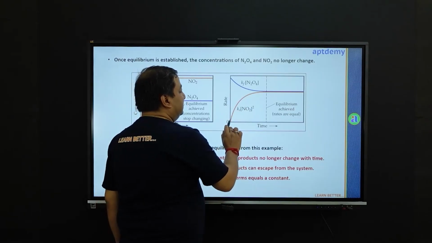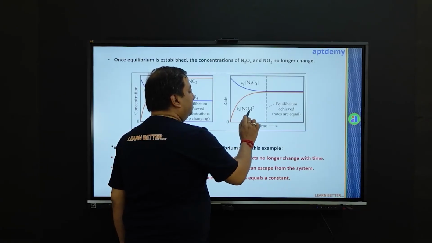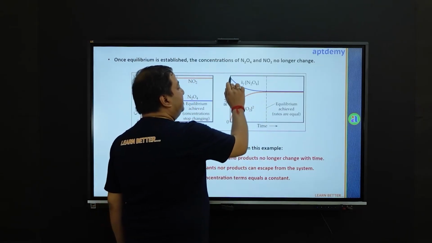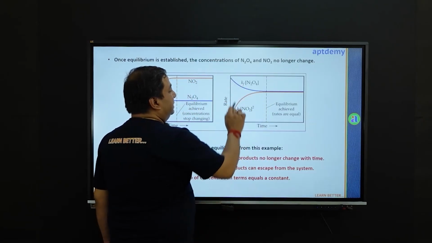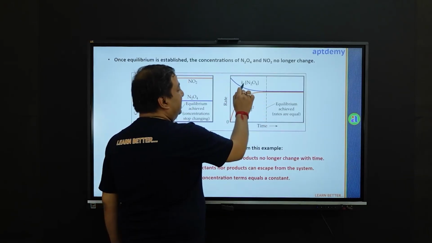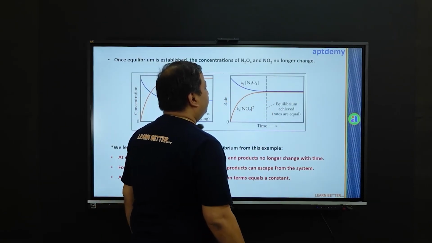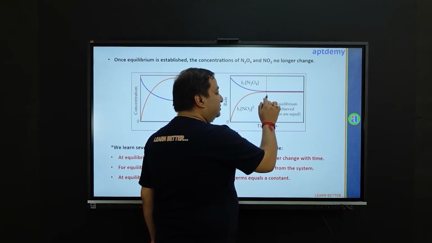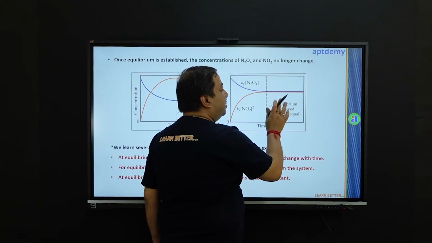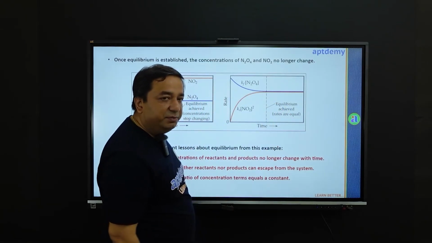You can see that with time the rate of formation of NO2 is increasing, and similarly the rate of decomposition of N2O4 is decreasing with time, but after a certain point, when the brown color is reached and no longer changes, we say the system has achieved equilibrium.